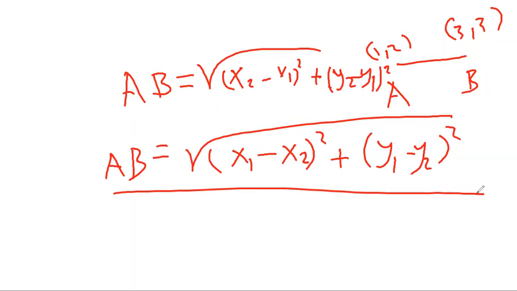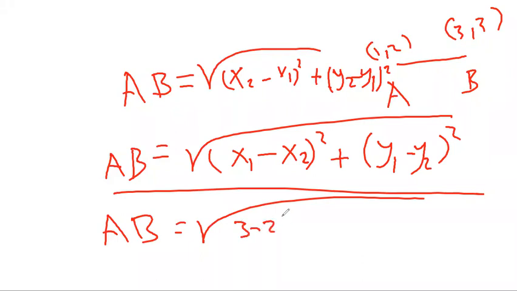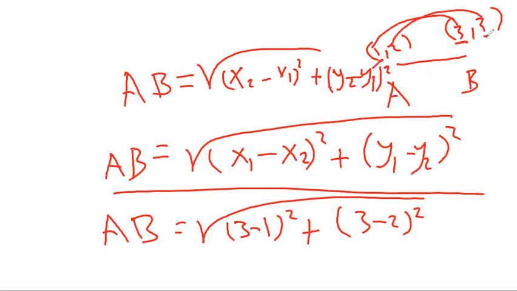So let's solve the previous question. If A equals 1 and 2 and B equals 3 and 3, so AB in this case will be the square root of (3 minus 1) power 2, plus (3 minus 2) power 2. 3 minus 1 is x minus x, and 3 minus 2 is y minus y. 3 minus 1 power 2 equals 2 power 2 equals 4.